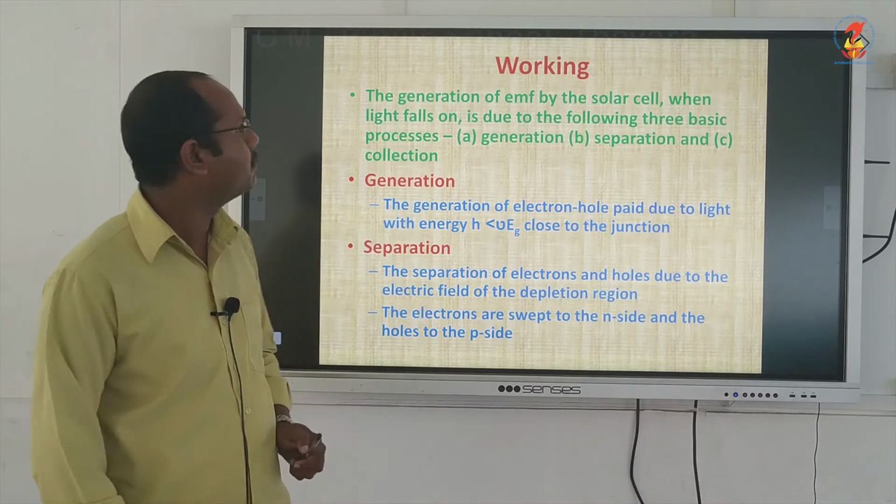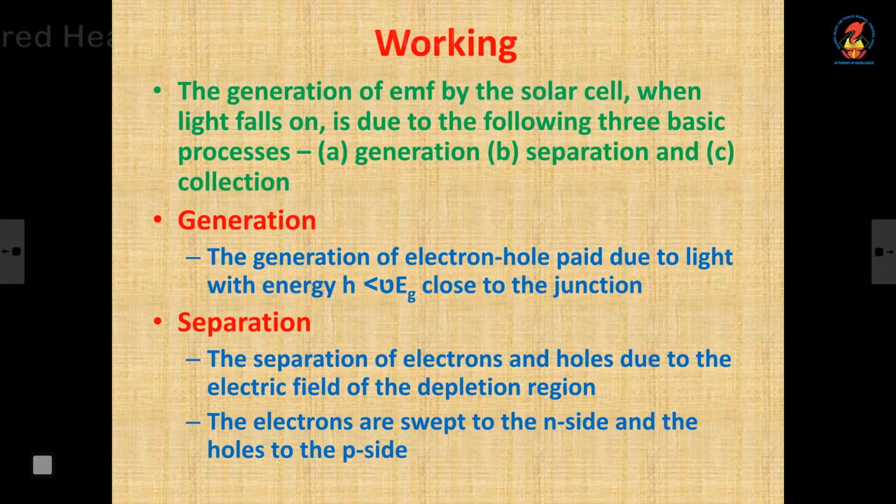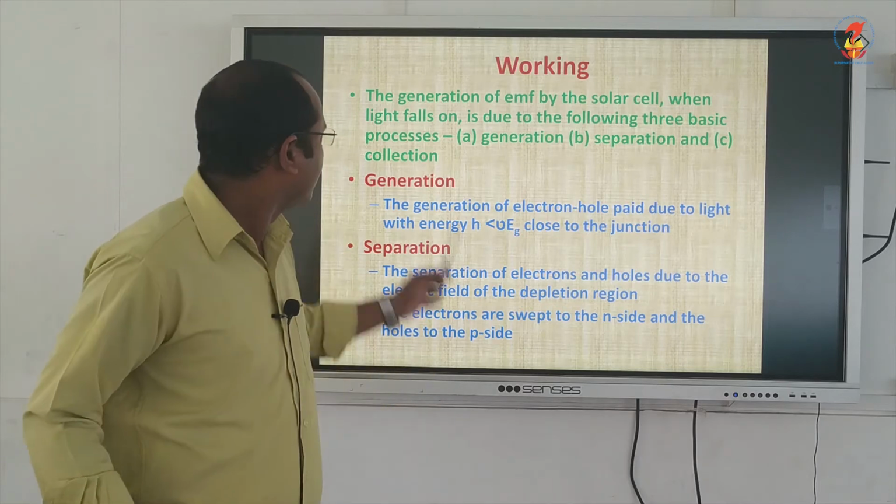How does it work? The generation of EMF by the solar cell is due to three basic processes. The first one is generation, the second one is separation, and the third one is collection.